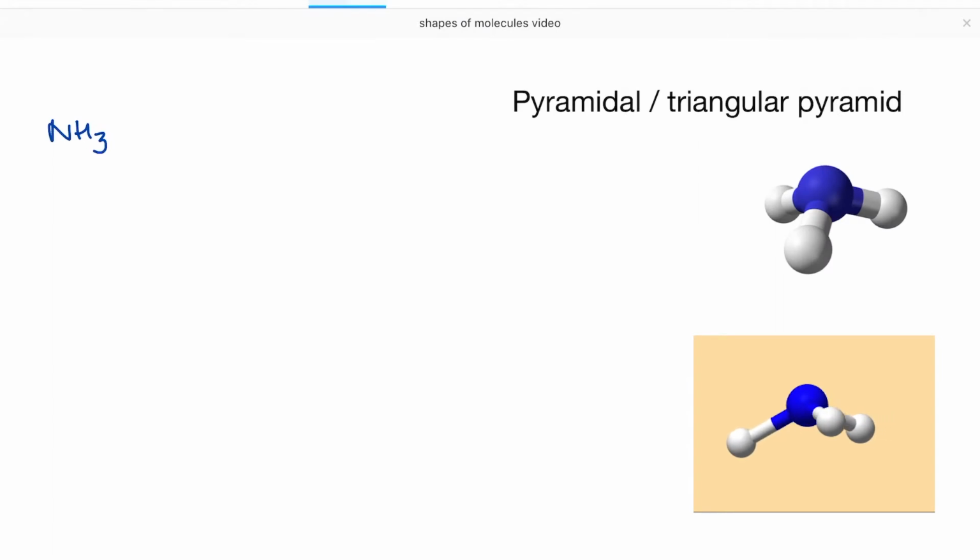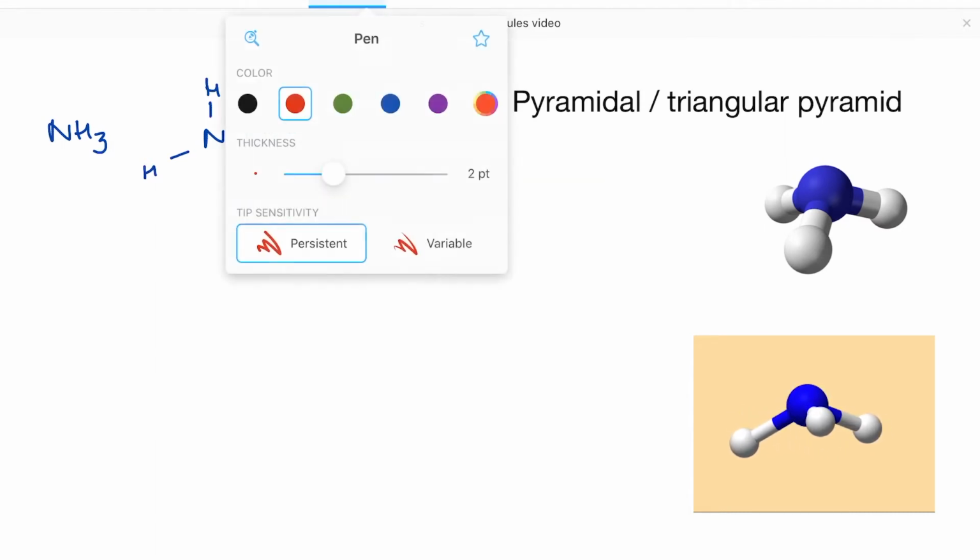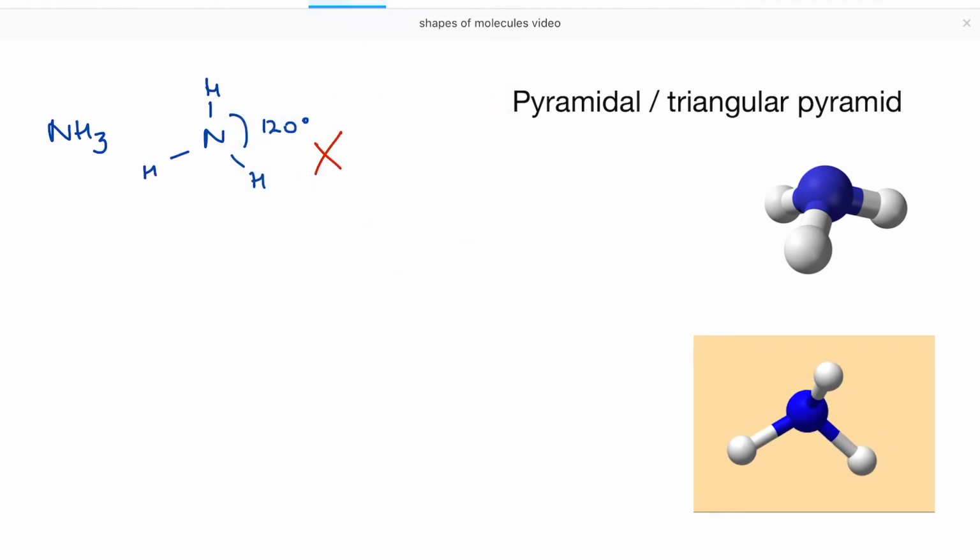My next example is ammonia, NH3. If I were to draw it simply as sticks in 2D, it might look as though the bond angle is 120 degrees. However, that is in fact wrong. We need to go back to our dot and cross, always the dot and cross.